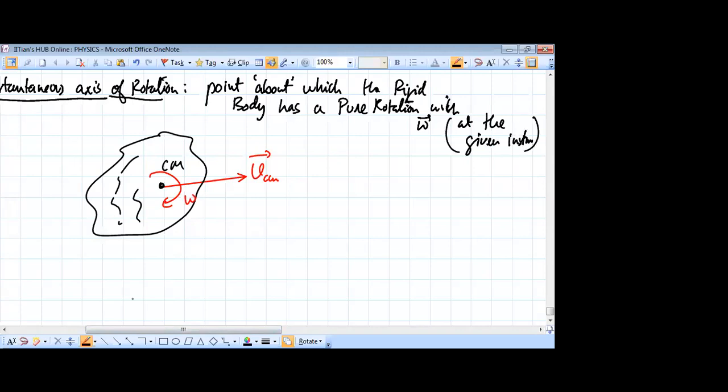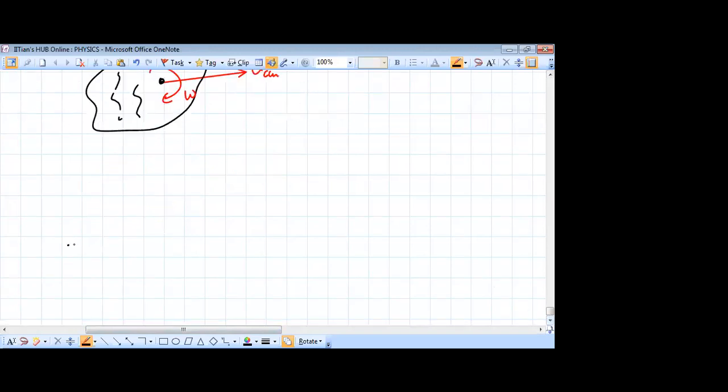So what this means is that there should be some point about which, if we take the velocity of any general point in the rigid body, it should be omega cross r of that point with respect to the instantaneous axis.